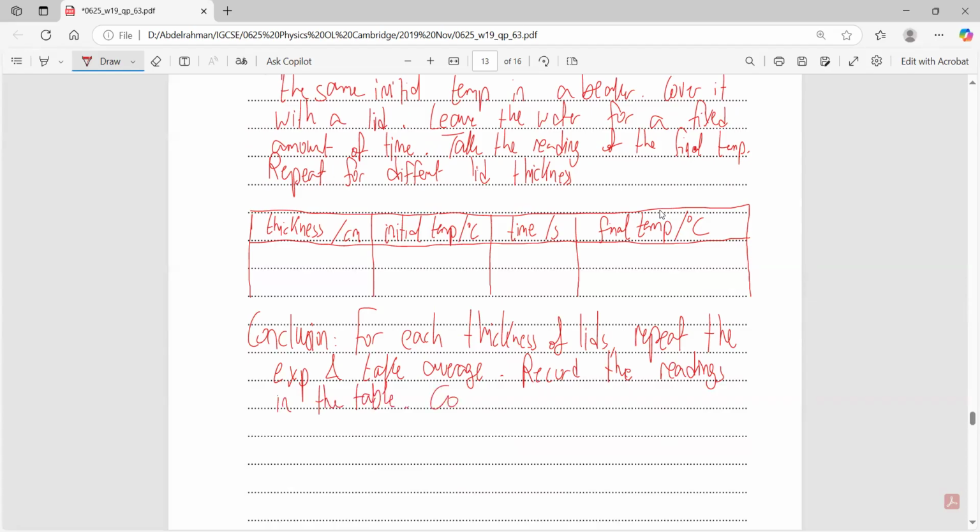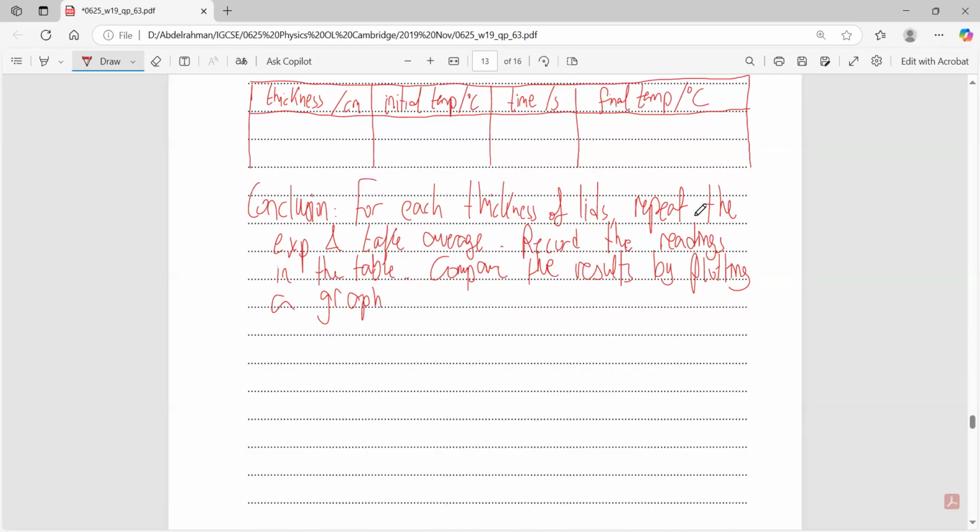Compare the results by plotting a graph of the thickness and final temperature.